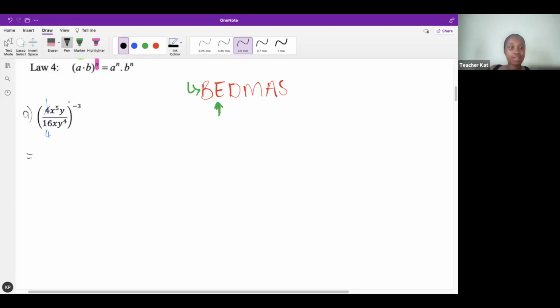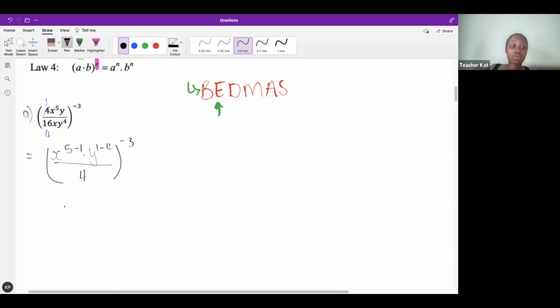Now, is it necessary that I write the 1 at the top there? You guys think it's necessary for me to write the 1 at the top? No. So let's look at my other bases. I have an X and I have a Y. We are dividing. So what do we do with my exponents? We subtract them. So I'm going to have X to the power of 5 minus 1 times Y to the power of 1 minus 4 all over 4.